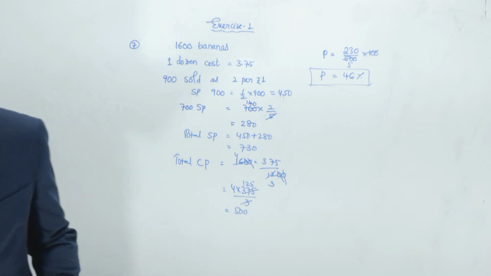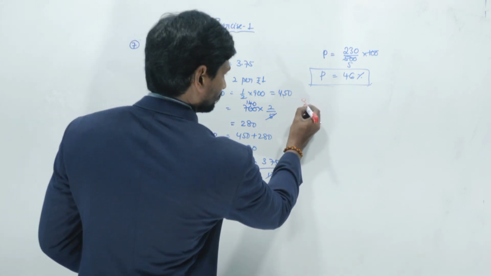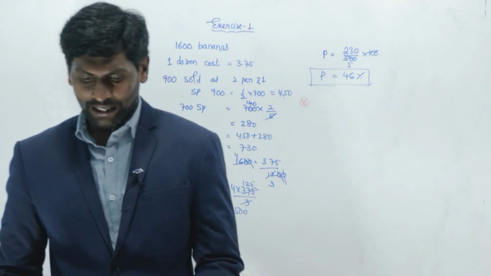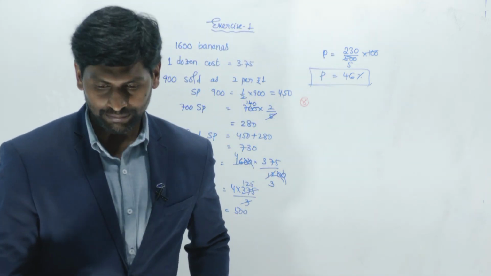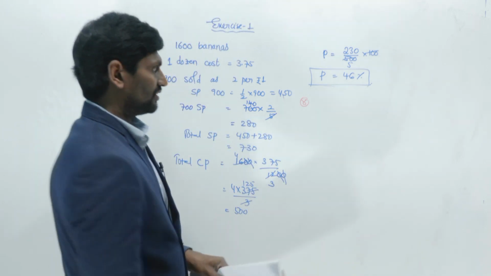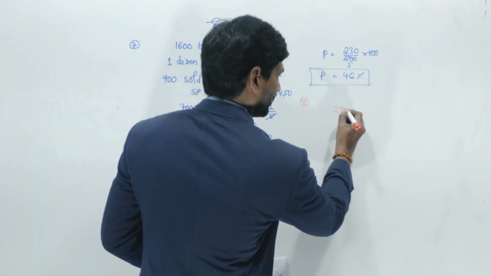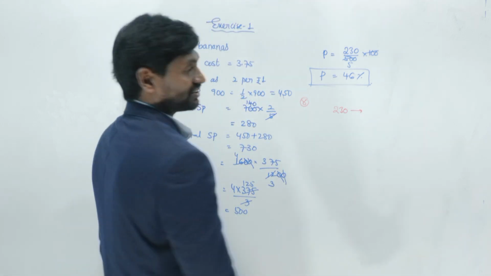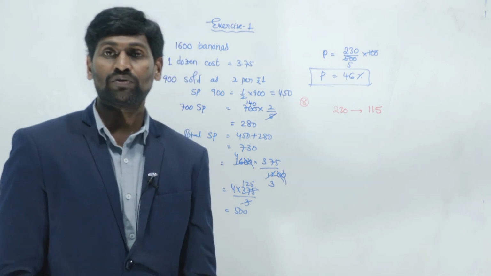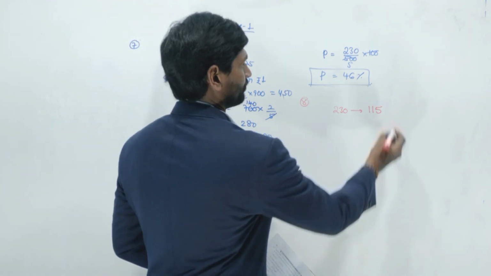Problem number 8. Yeah, the eighth problem is given that a shopkeeper makes a profit of 15% by selling a book for 230 rupees. The selling price is 230, and he got the profit of 15%. That means cost price is 100%, 15% profit, it will be 115% cost.